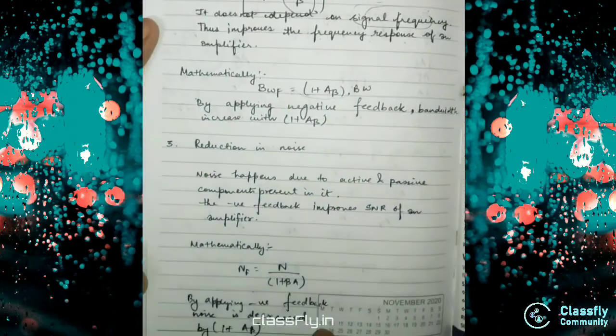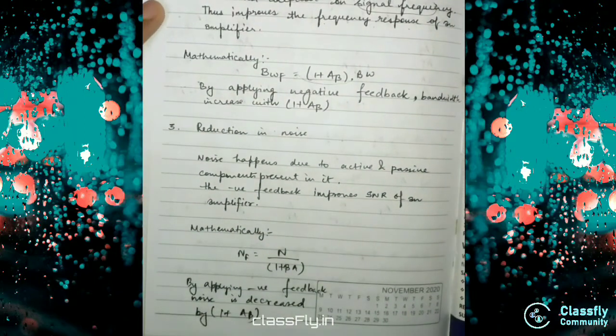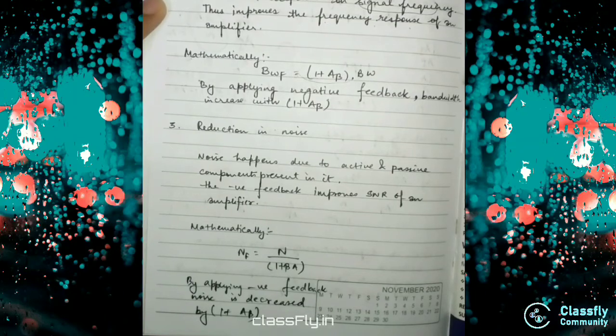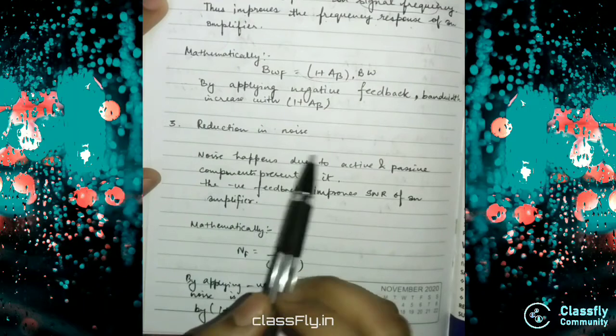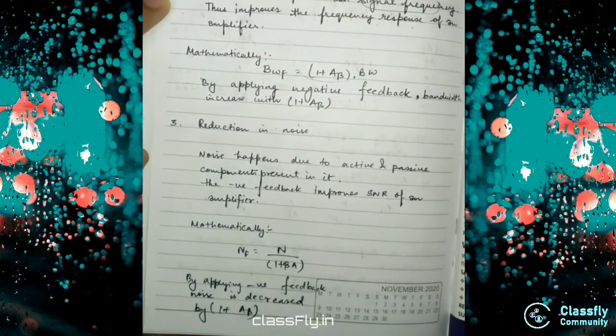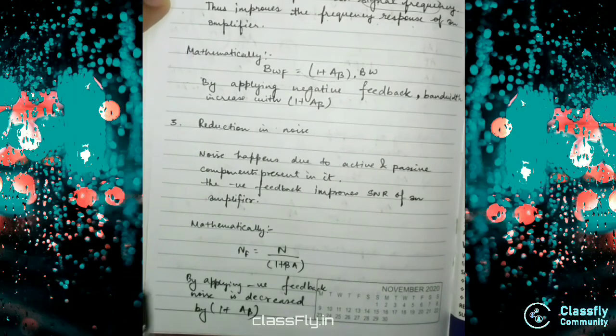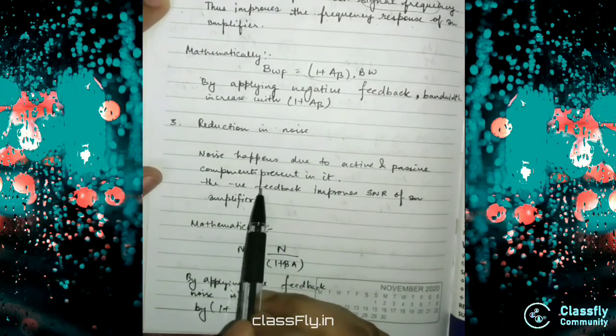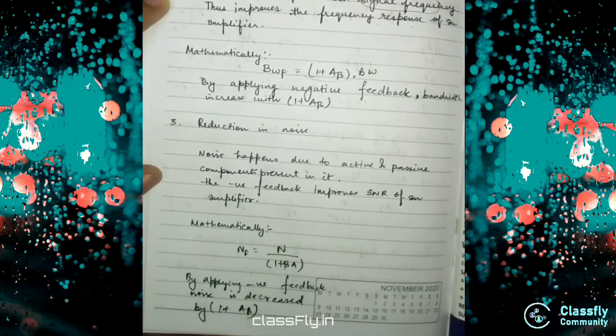The third is reduction in noise. There is always a reduction in noise whenever we apply negative feedback, since an amplifier also amplifies noise. To decrease this noise, we apply negative feedback. Noise happens due to the active and passive components; active components are like transistors. Whenever we apply negative feedback, it improves the SNR of an amplifier.